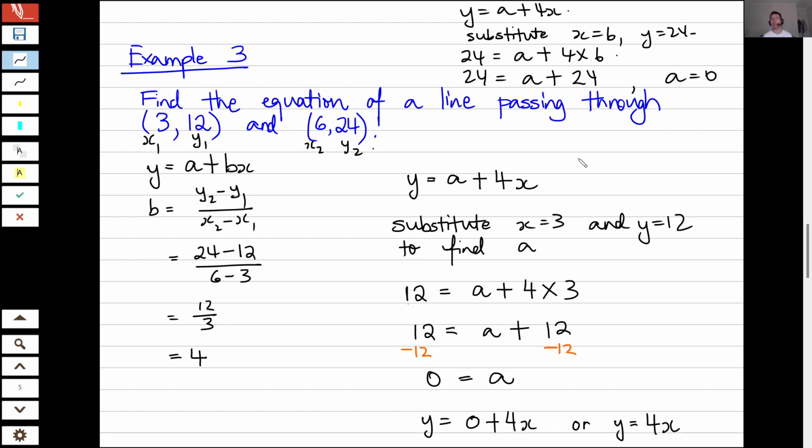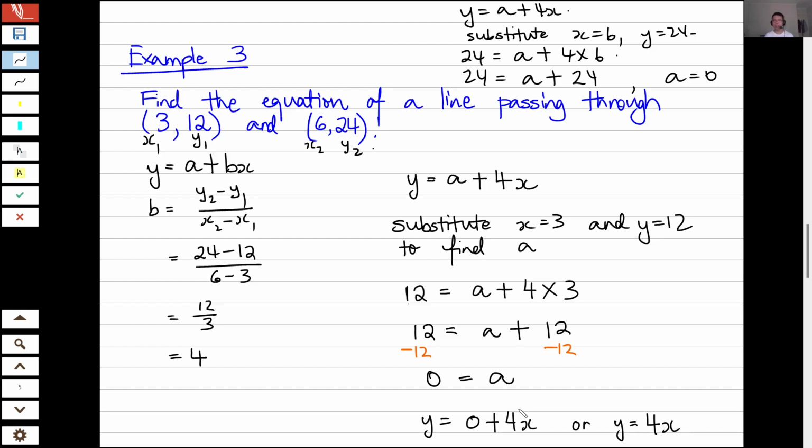So I end up with the same answer. It doesn't matter which point I choose. I can choose the first point or the second point. As long as you do the algebra correctly, you will get the same answer. Now, in this question, just by way of final remarks, most of the time your intercept a is not going to be 0. It just turned out to be that way in this question.